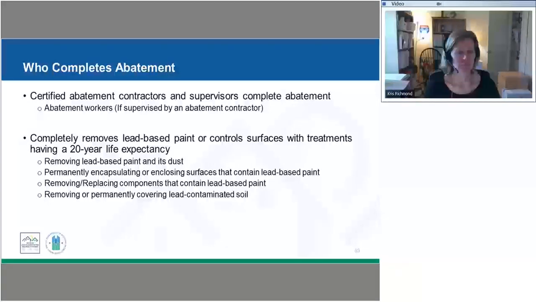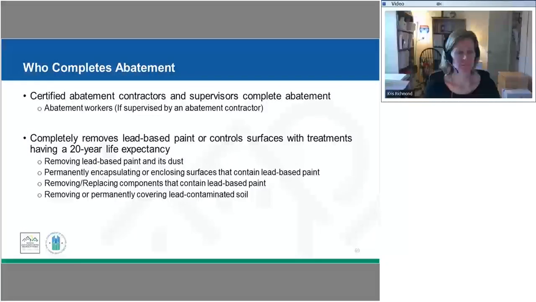One of the folks in the group said, well, we had a risk assessment done for our property, and we determined that the only lead that we had was in the front doors on their units. They went ahead and replaced all of those doors, and they now had a property that was certified as lead-free.